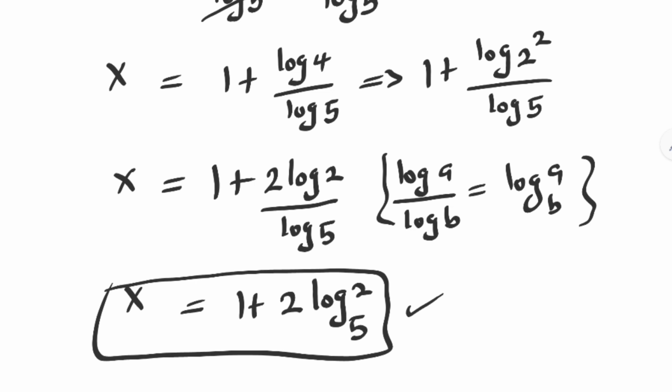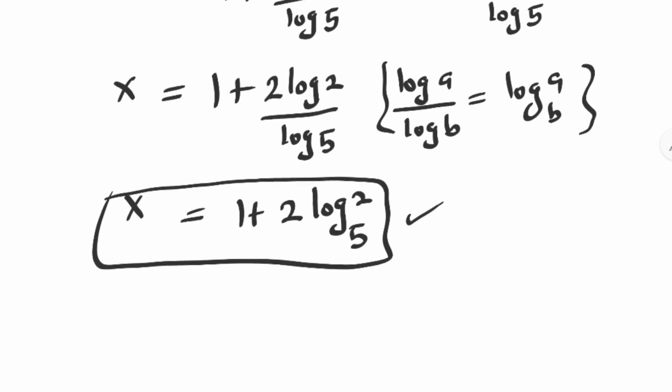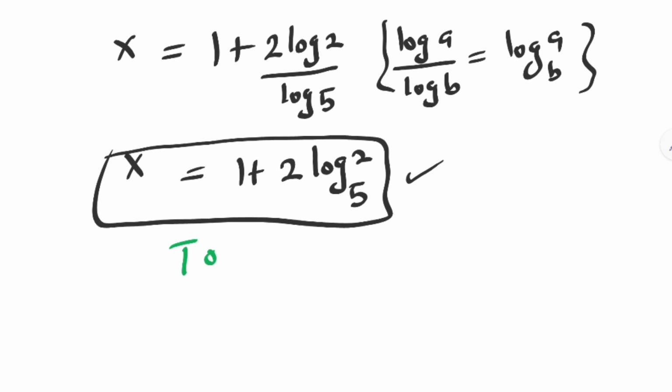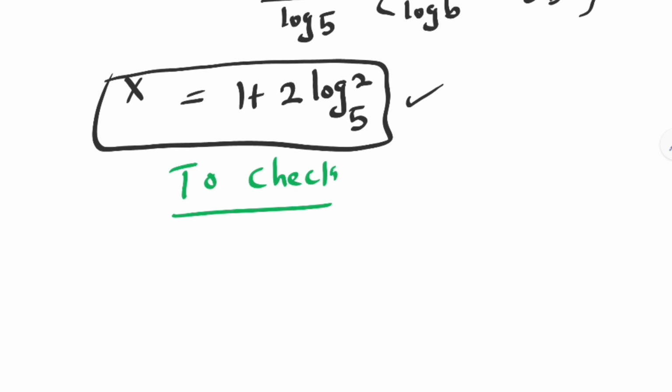We may check to confirm if this answer is right or wrong. Let's check. To check, we have the given equation 5 raised to power x minus 5 raised to power x minus 1 is equal to 16.